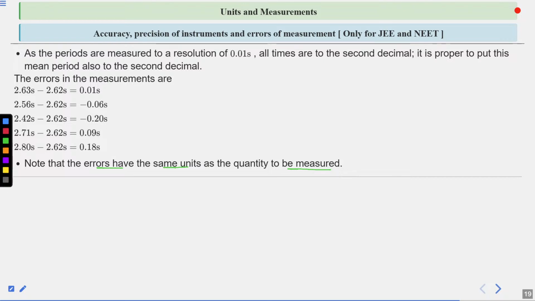If you have any doubt, please ask. Now your doubt time. If you have any doubt, please ask.